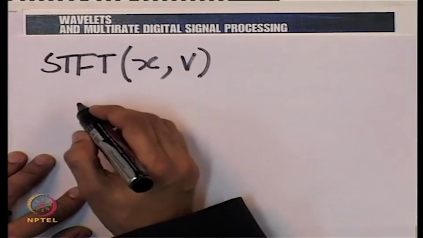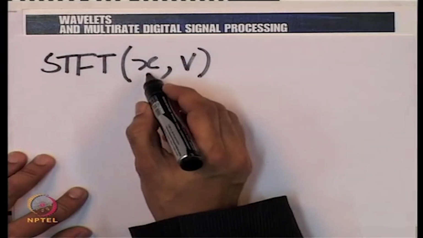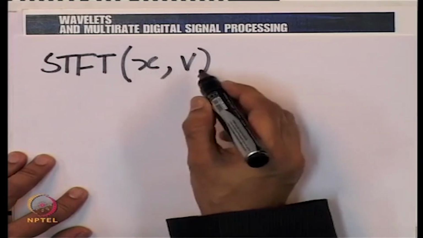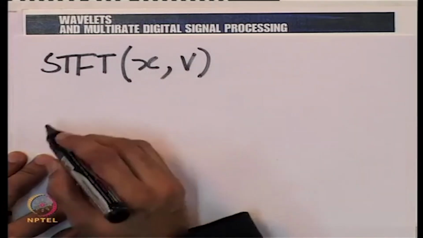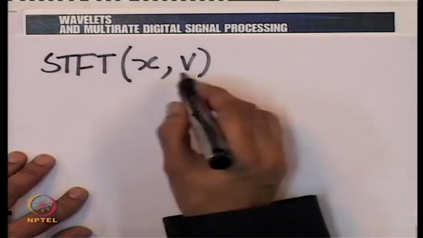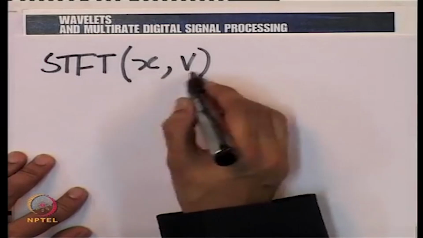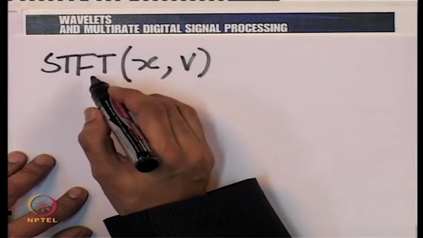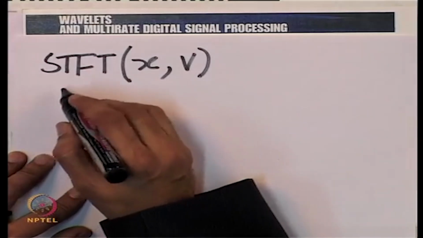So, we have two arguments, the function whose short time Fourier transform is being constructed and the window with respect to which it is being constructed. Now, this is essentially the set of arguments which determine what short time Fourier transform we are constructing.